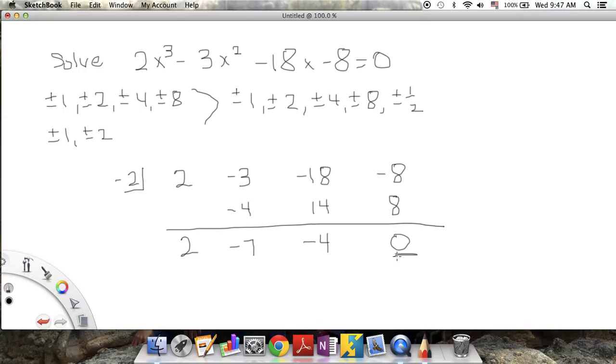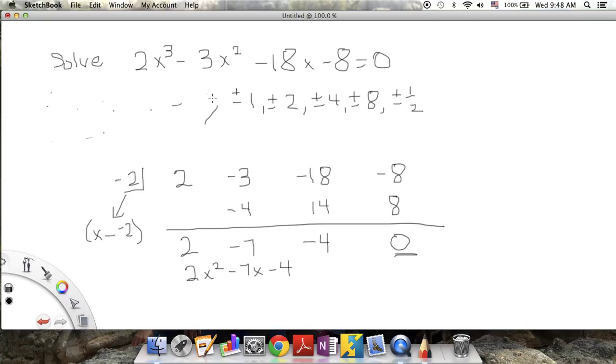And this is what we want, 0 at the end, because this tells us that now we have 2x squared minus 7x minus 4. And this says that we have this factor x minus -2. So, go up here and get us some room. We have one of the factors listed, and now we're down to a quadratic.